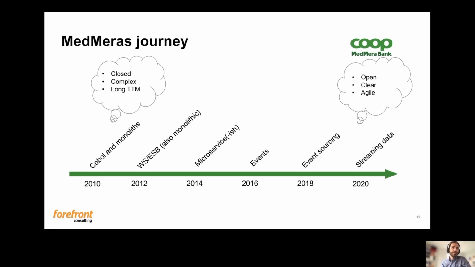But what is interesting here is that we have moved from a closed and complex architecture where each change required a lot of time for development and first and foremost testing, to make sure that we didn't break anything that we had missed, to a more open and clearly defined architecture today. Now we can have changes implemented in production in hours, which would previously take days or perhaps weeks.